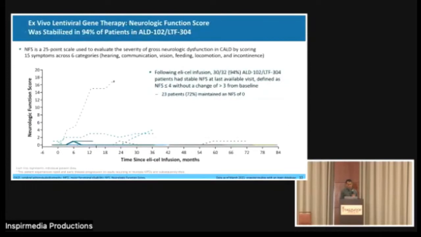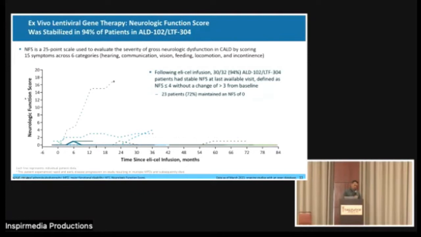And I'm just going to summarize briefly here that this was, for the most part, well tolerated. Most of the boys did very well. There was one boy who was already progressing very rapidly at the time of treatment, and he sadly succumbed to disease progression.